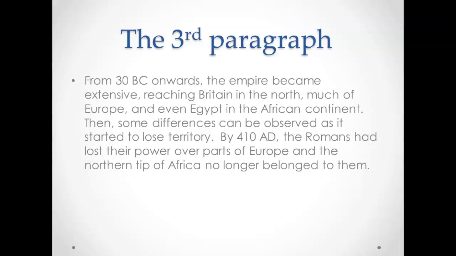By 410 AD, the Romans had lost their power over parts of Europe, and the northern tip of Africa no longer belonged to them. Remember that past perfect? By 410 AD, the Romans had lost, past perfect.